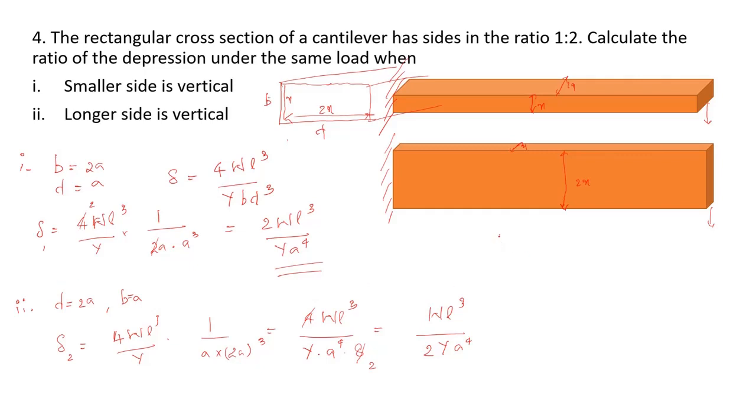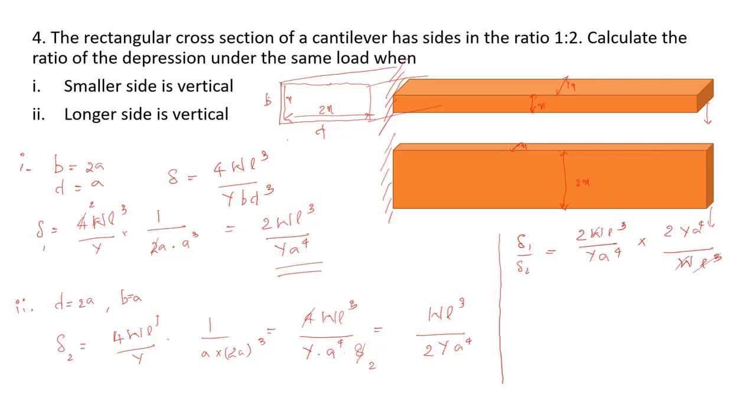To find a relation, let's take a ratio of delta 1 by delta 2. Delta 1 is 2 w L cube divided by y a to the power 4, and delta 2 on reversing it will be 2 y a to the power 4 divided by w L cube.